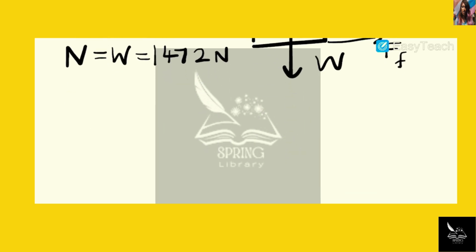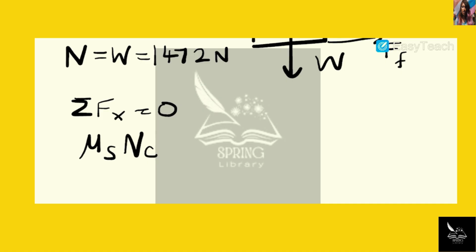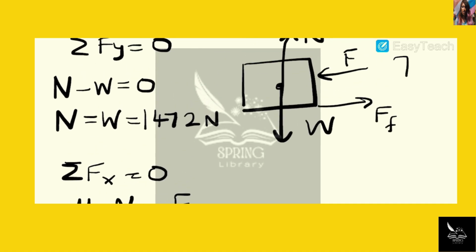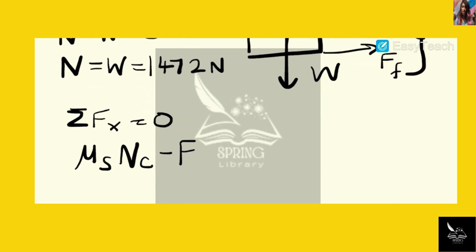Next, we can do the same Newton's second law in the x direction. We can say that the net force in the x direction is also equal to 0, since we're assuming the box is just about to move. Therefore, we can use our static friction and say that the static friction, mu s times the normal force, minus F, which are the two forces acting in the x direction, as shown here, is equal to 0.